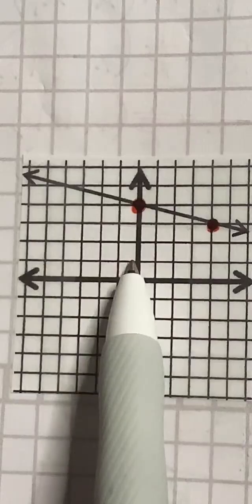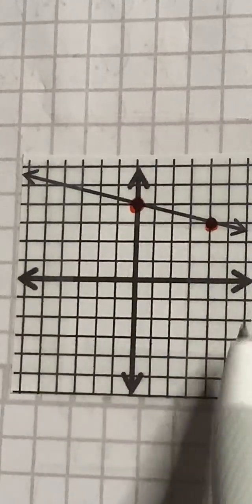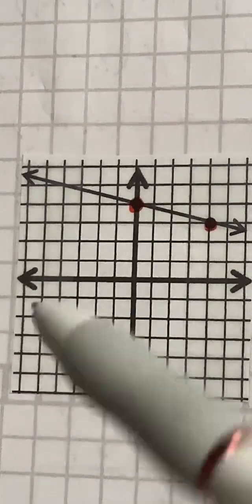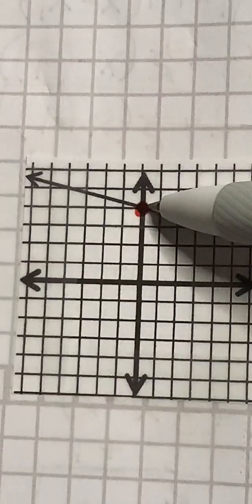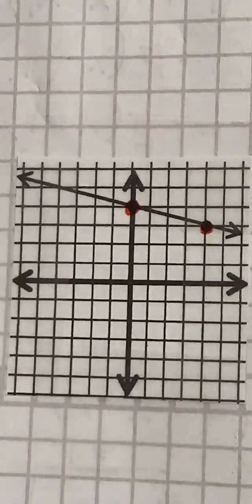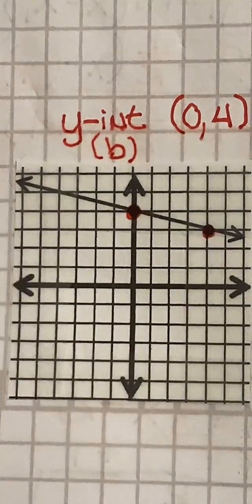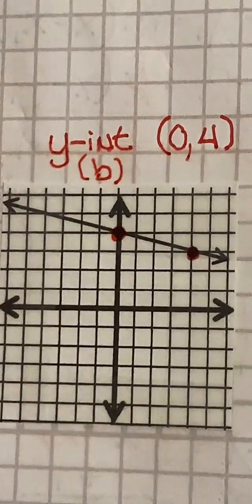If you don't see any 2s or 3s, they're counting by ones. So I have 1, 2, 3, 4. My y-intercept, my b, is at 0, 4. That's my y-intercept.